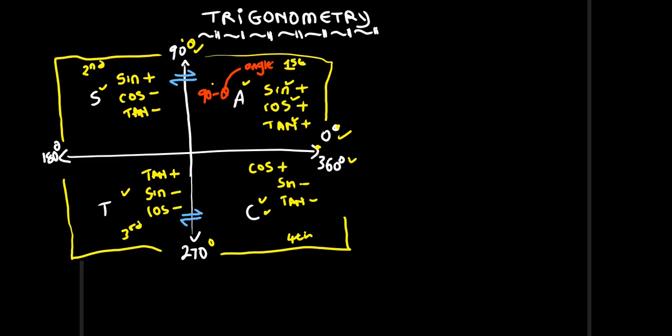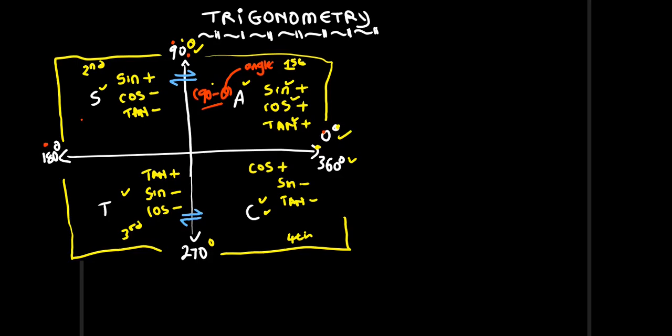If our theta is 10, and I say 90 minus 10, it's going to be 80, and 80 is between 0 and 90, so it's going to be in this quadrant. Going to the next quadrant, we have 90 to 180.